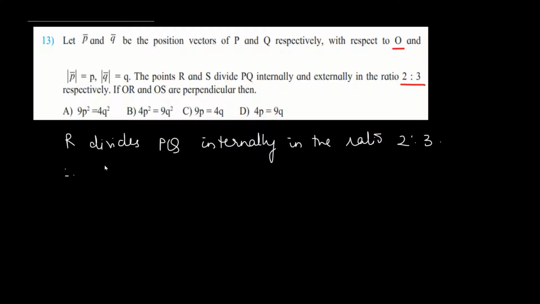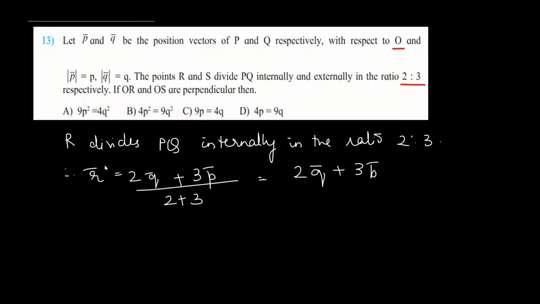And therefore, they have already given us the position vectors, and therefore we can write R bar is equal to 2Q plus 3P using the section formula, upon 2 plus 3, which gives us 2Q plus 3P upon 5. We keep this in mind.